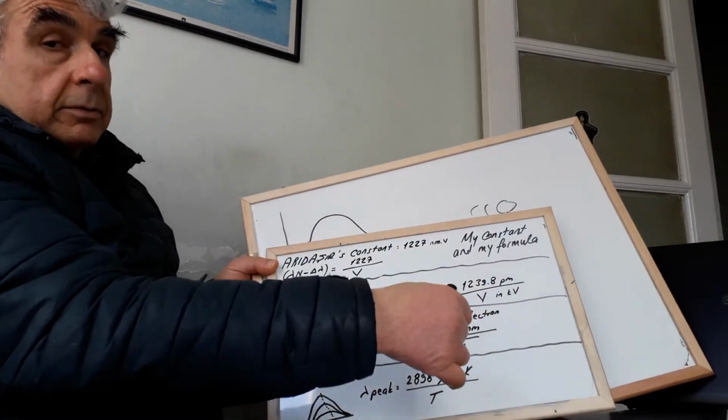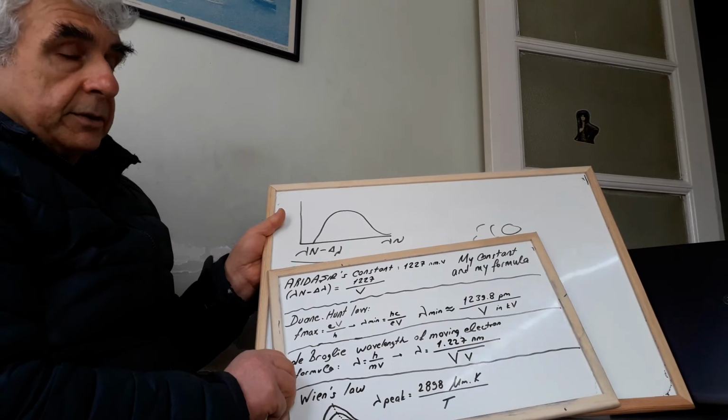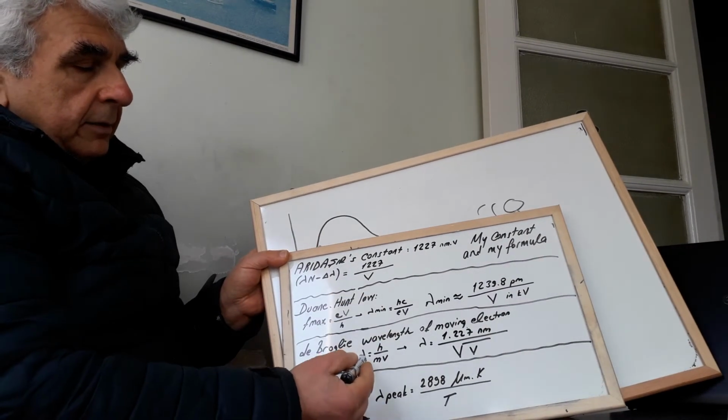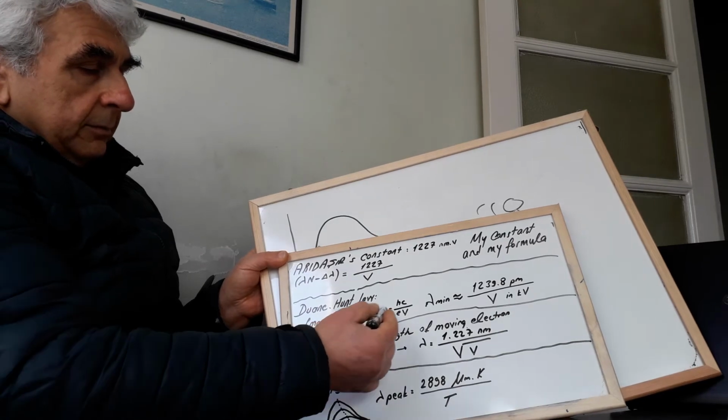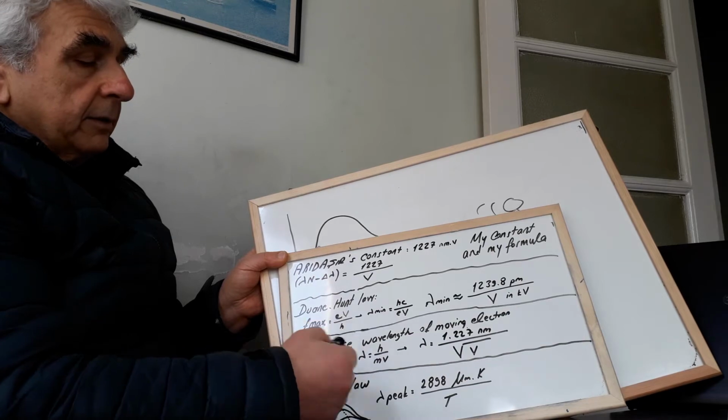There are no these concepts and this distinction in the other theory. Okay. Not lambda, but lambda_n minus delta lambda.